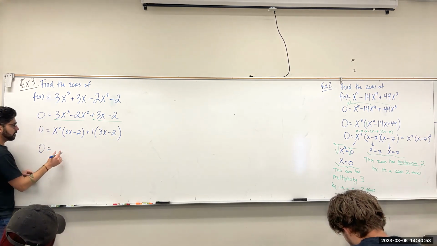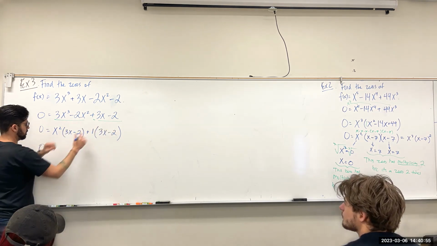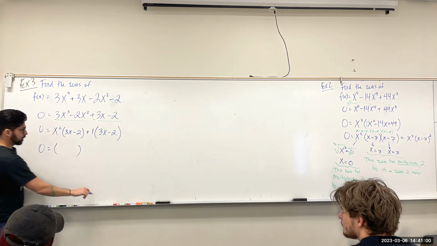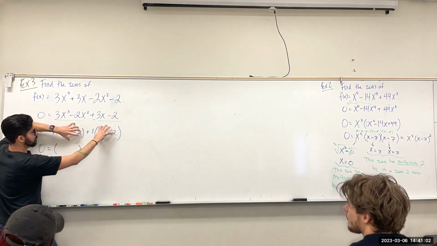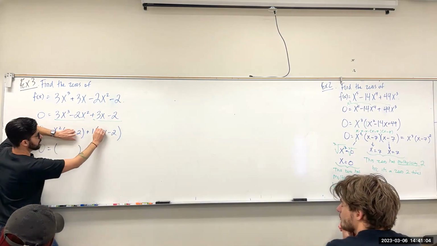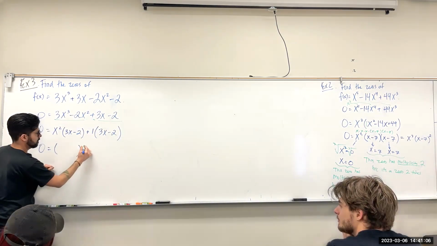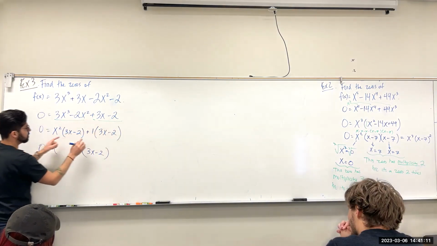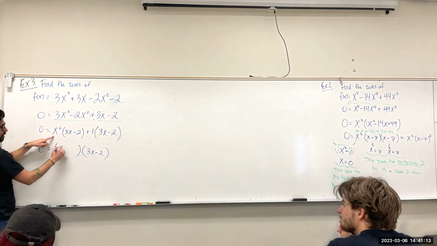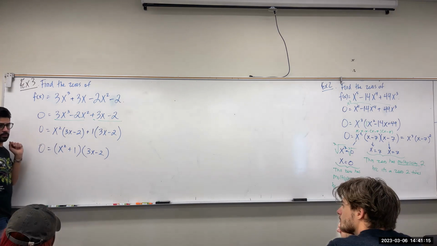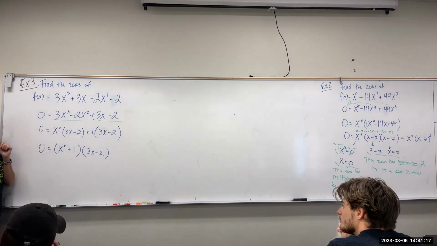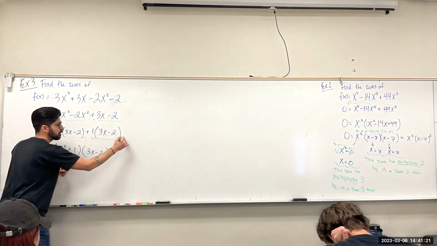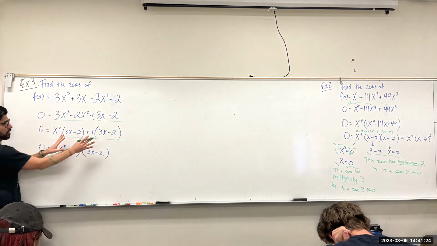So then once you factor these out, 0 equals x squared times 3x minus 2, plus 1 times 3x minus 2. Now think of these as two different terms that each have a 3x minus 2 in common.